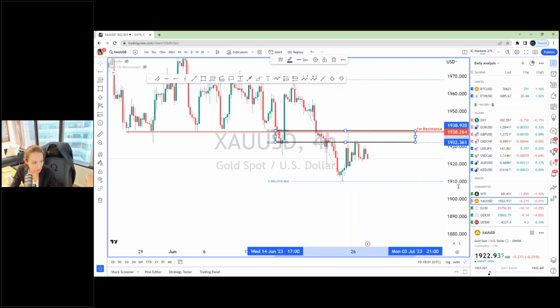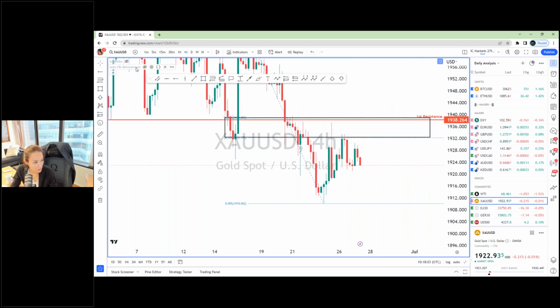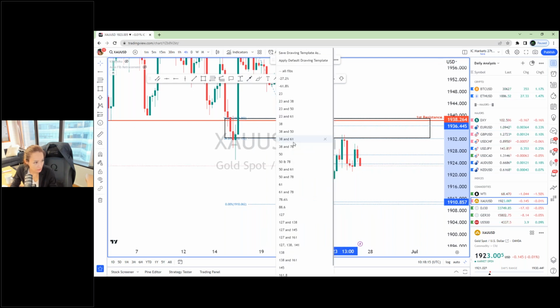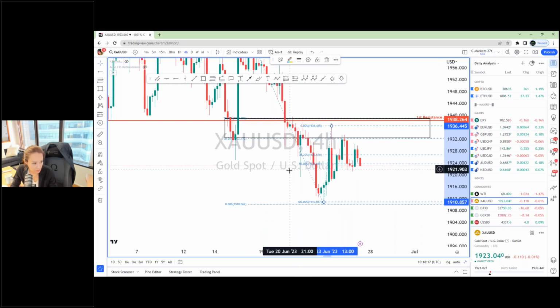If just now we used auto, they would draw from here to here, and then you will get the zone, right? Which level do you think I should use if you were to draw like this? 61.8.